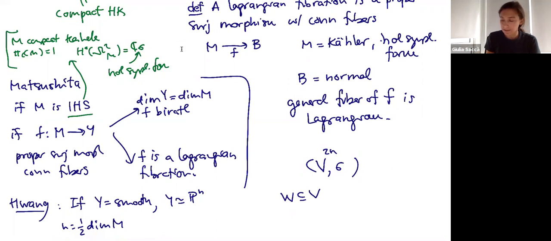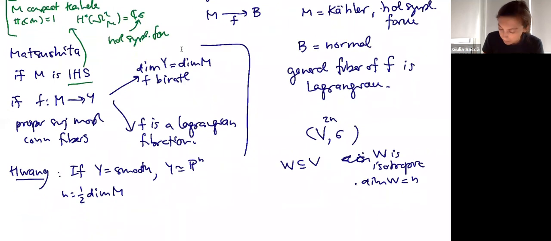For that to exist, V has to be even dimensional, and a Lagrangian subspace W just means that W is isotropic for the symplectic form, meaning that the symplectic form vanishes identically when I plug in vectors of W, and Lagrangian means that the dimension of W is half the dimension of V.